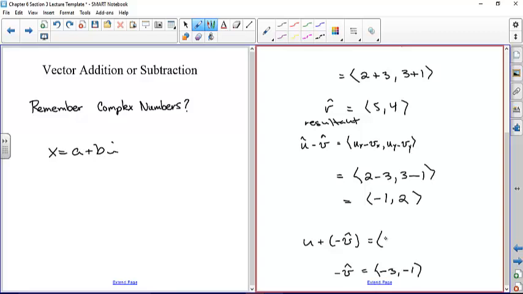So here we'd have 2, which is u's x component, plus negative 3. So I'm adding to the x component of negative v, and then you have 3 plus negative 1, and you get the same answer. So they're equivalent to each other. Subtracting one vector from another is like adding a vector and the additive inverse of the second vector.